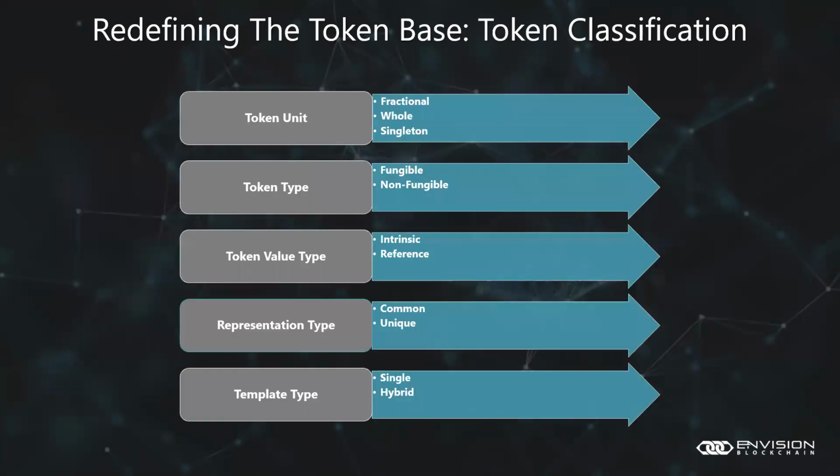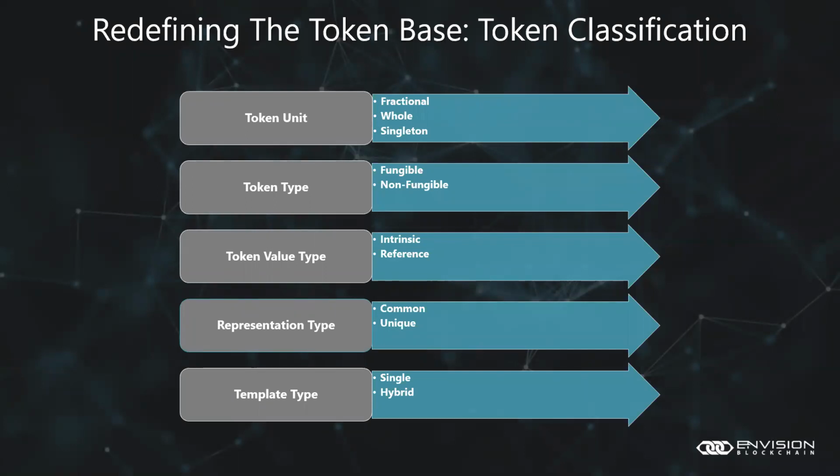Additionally, we need to begin redefining the token base and how to properly classify it. So we spoke briefly before about the token template having a token formula, a token definition, and a specification. Well, within the specification, we need to make sure how a token is specifically classified.